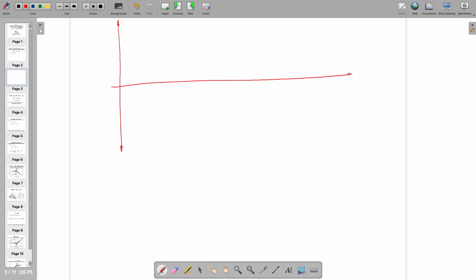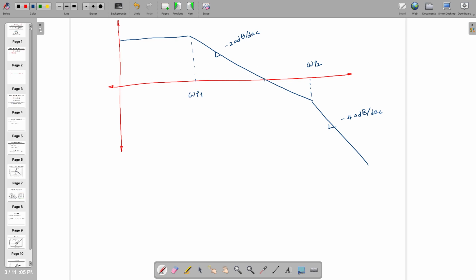I'm drawing the magnitude response, and can you tell me the order of this system?